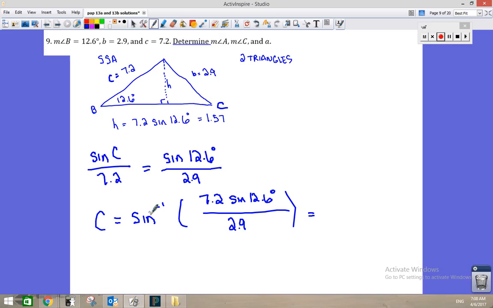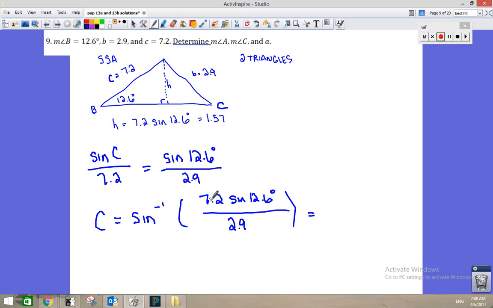Now, there are two angles that have this ratio, one in quadrant 1 and one in quadrant 2. The calculator is going to treat this like a function, not like a relation. Even though we know there's two angles that satisfy this relation, the calculator is only going to return one value. We restricted the range so that it would be a function.